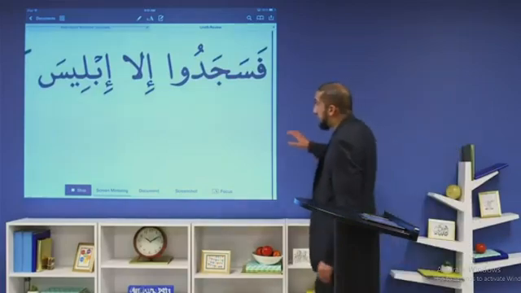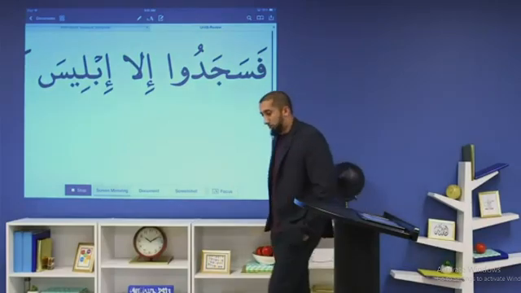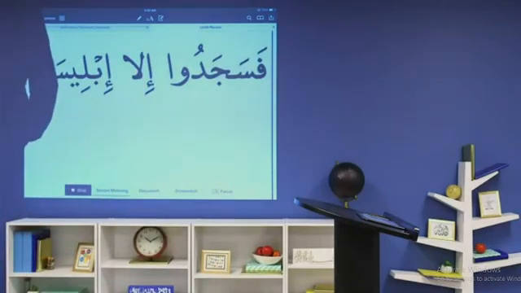Sajadu, what did you translate it as? So they made sajda. Good. Who's the doer? The angels?